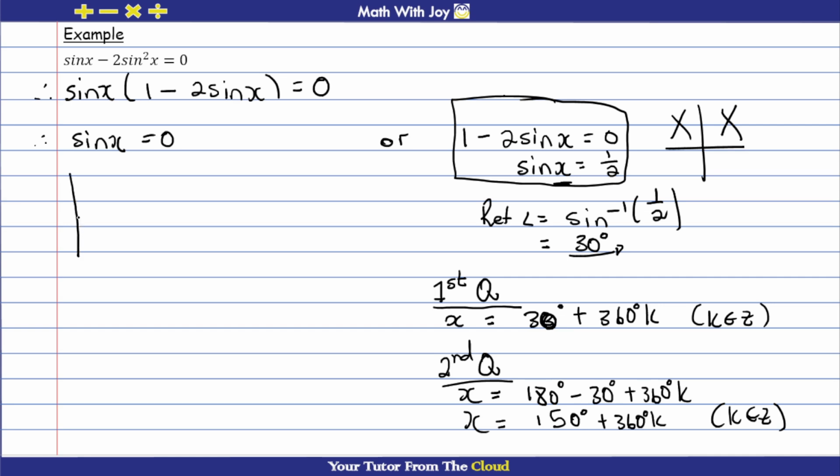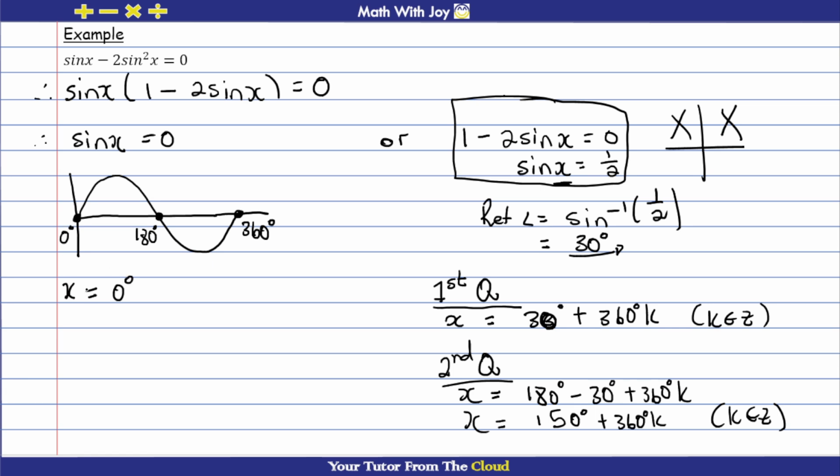Normally the mother graph of sine x, when you draw the graph of sine x, is going to look something like this, whereby it is 0 at 0 degrees, at 180 degrees, and also at 360 degrees.